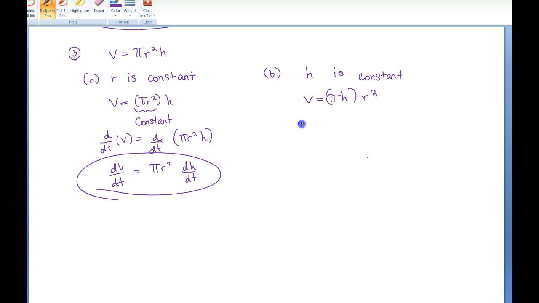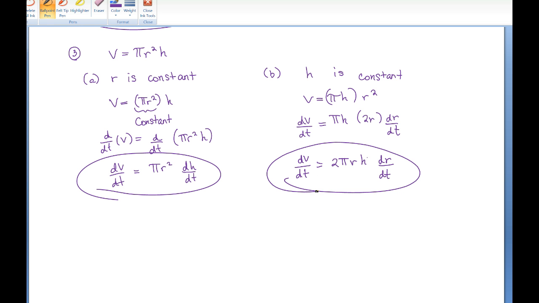So dV/dt is going to be pi h times 2r dr/dt. So that's 2 pi r h dr/dt. Yeah, dV/dt is 2 pi r h dr/dt. Okay with that one?